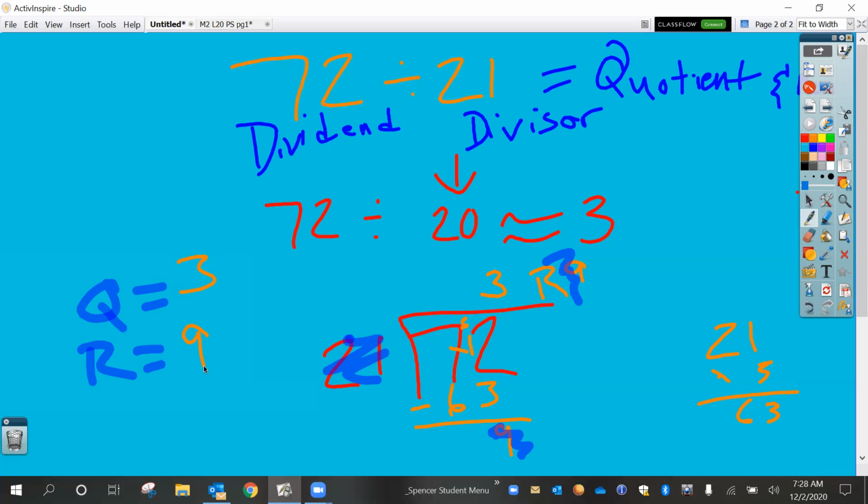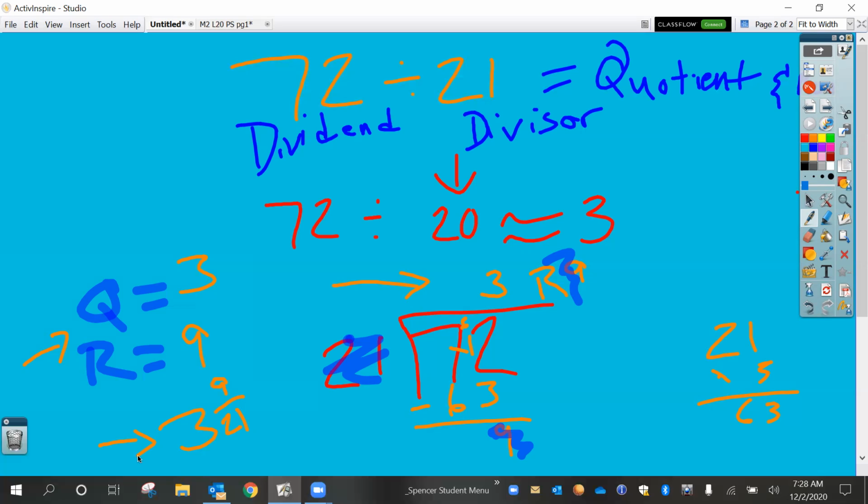And then to take it up to a 6th, 7th, 8th grade level, let's represent it as a fraction. Those 9 remaining parts are out of 21 whole pieces, because if we had 21, we would have another whole, right? So 3 ways to show the answer: on top of our long division, Q equals, R equals, and then the fraction.